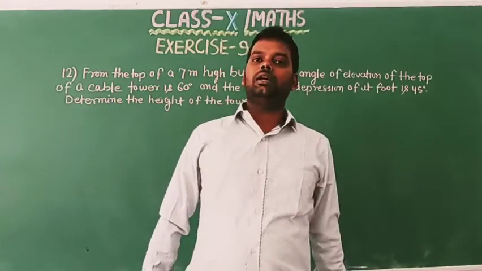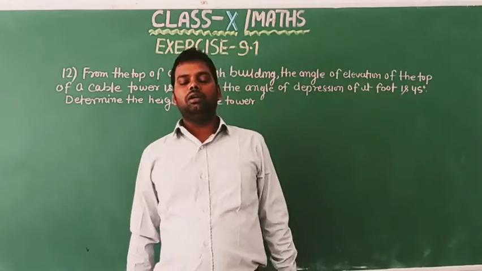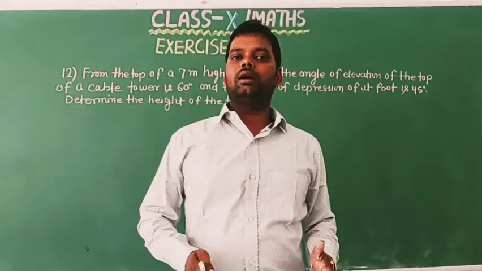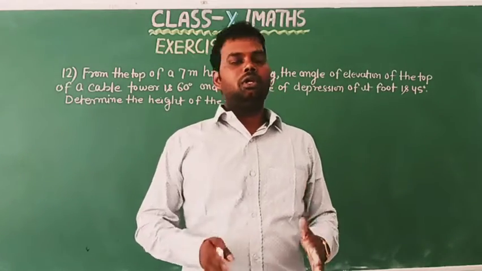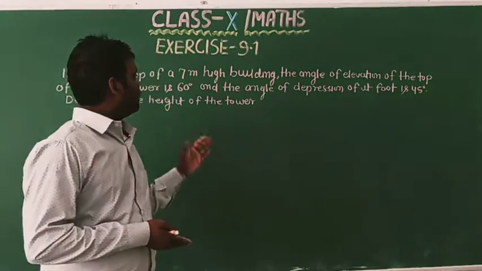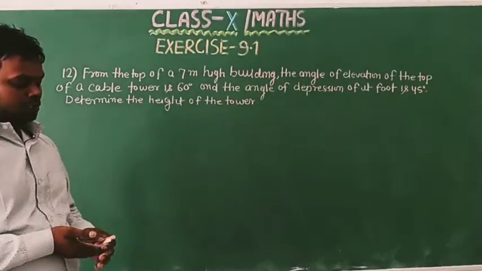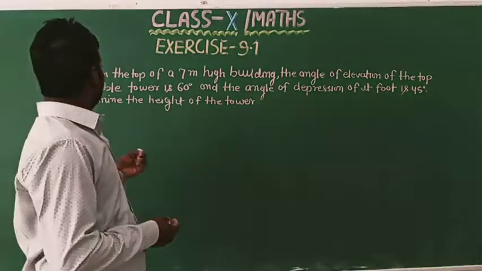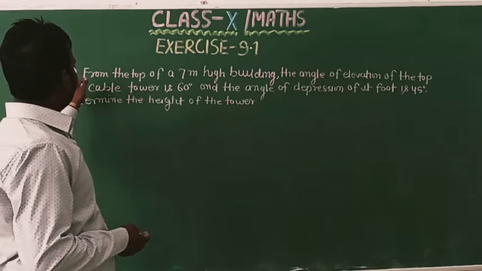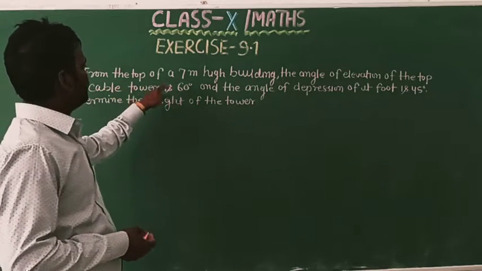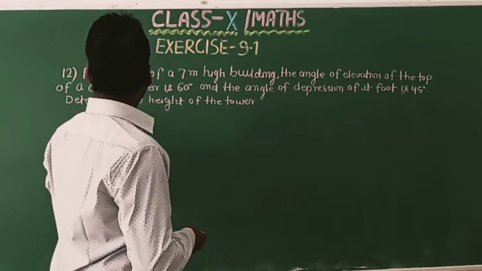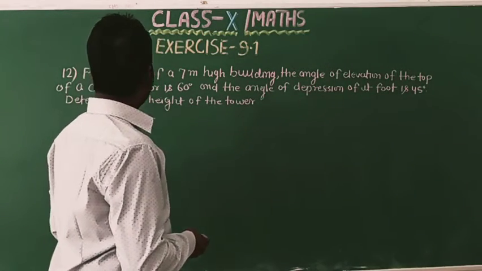So first thing I will do is draw its diagram after reading the statement of the question. So given from the top of a 7-meter high building, the angle of elevation of the top of a cable tower.